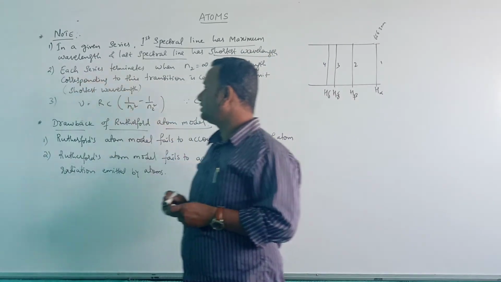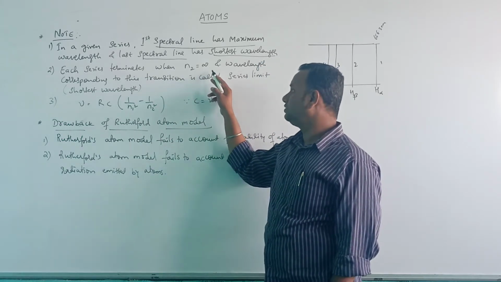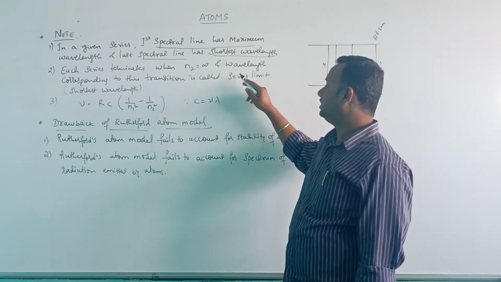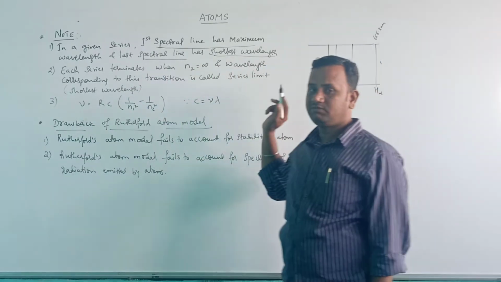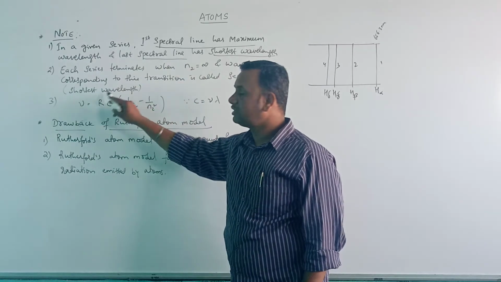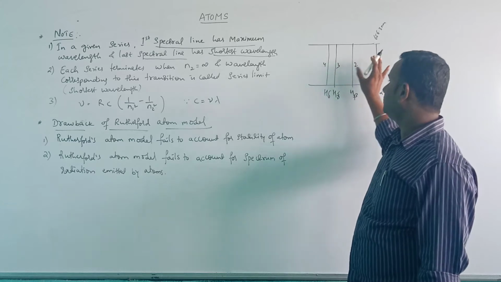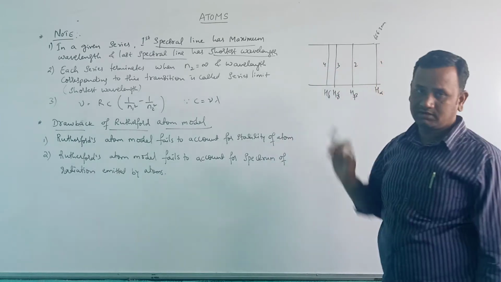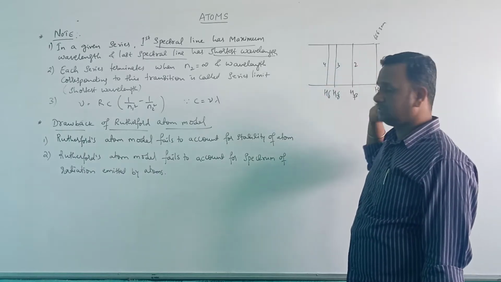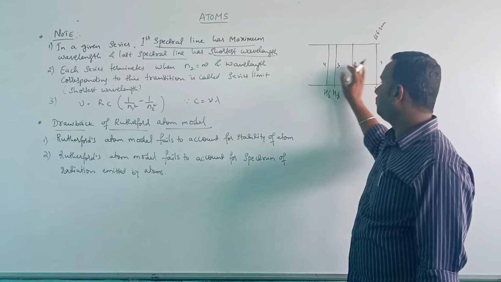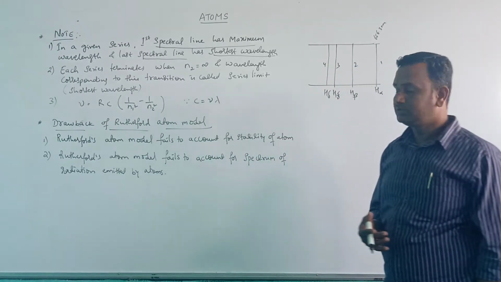The second note says that each series terminates when n2 is equal to infinity, and the wavelength corresponding to this transition is called the series limit, or the shortest wavelength. For example, consider the Balmer series. We have four spectral lines, and not only four, we have more than four.